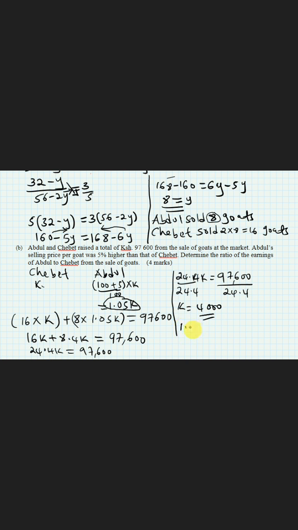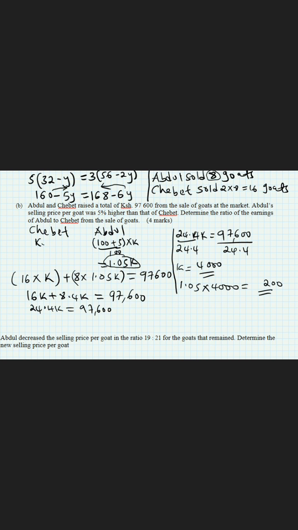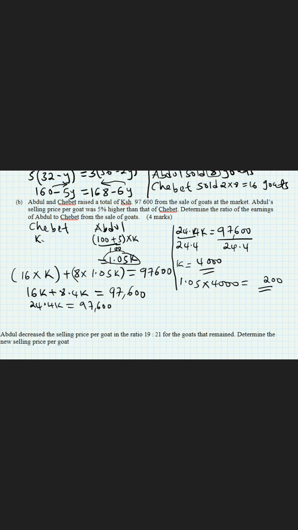So we get 1.05 multiplied by 4,000, where 4,000 is the value of K. So this gives us 4,200. So this is now the selling price for Abdul.